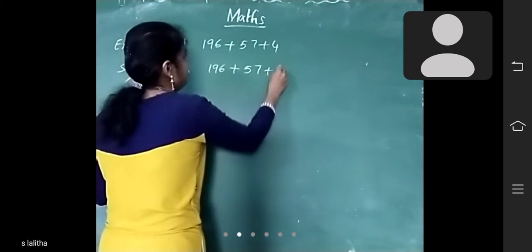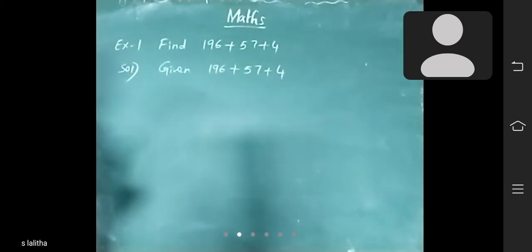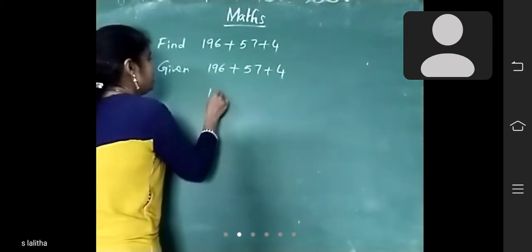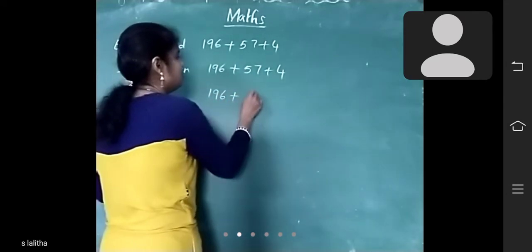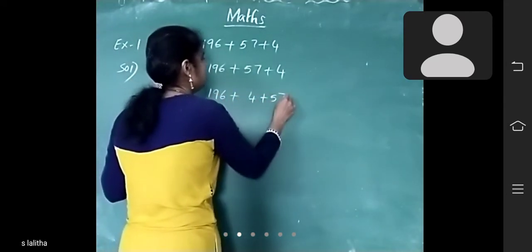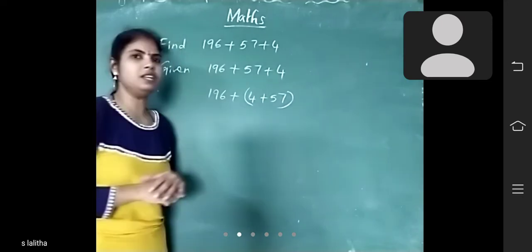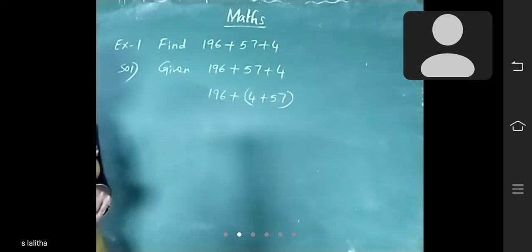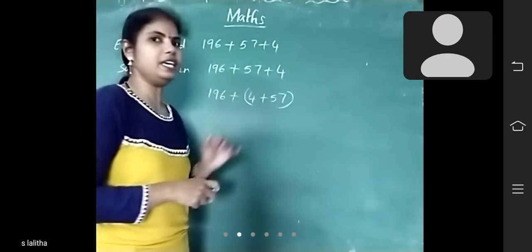How to do it? What is given? Given 196 plus 57 plus 4. I can write it as 196 plus 4 plus 57. Can you write like this? Yes. By which property is it?